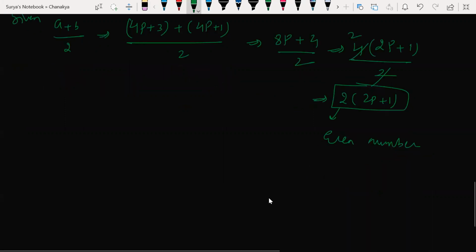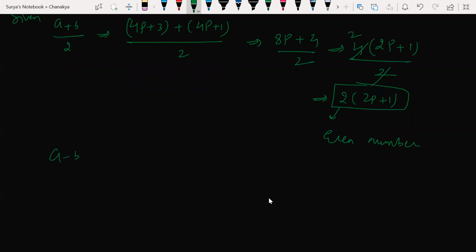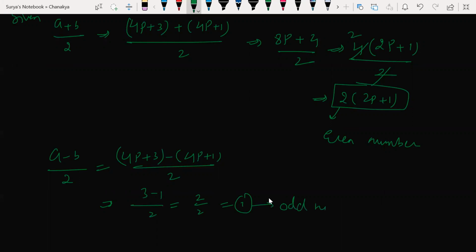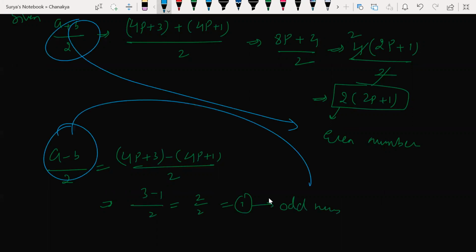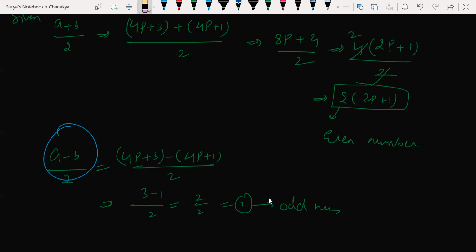Yes, sir. Okay. Now you take (a minus b) by 2, (4p plus 3 minus 4p plus 1) by 2. So 4p and 4p will get cancelled. What are you left with now? We have (3 minus 1) by 2, so 2 by 2, which is 1, an odd number. So I proved, look, this is an odd number and this is an even number. Any doubts? No, sir.